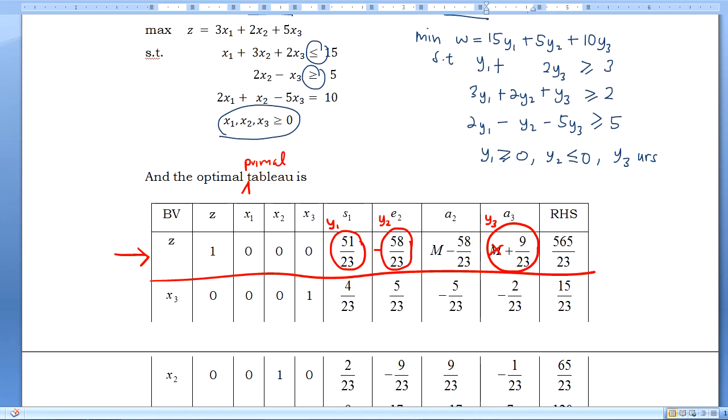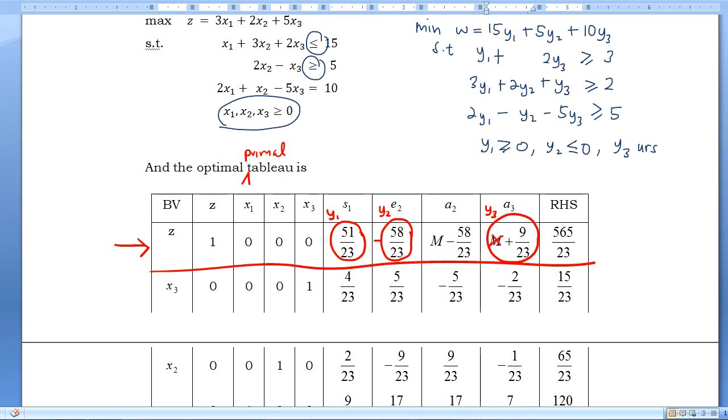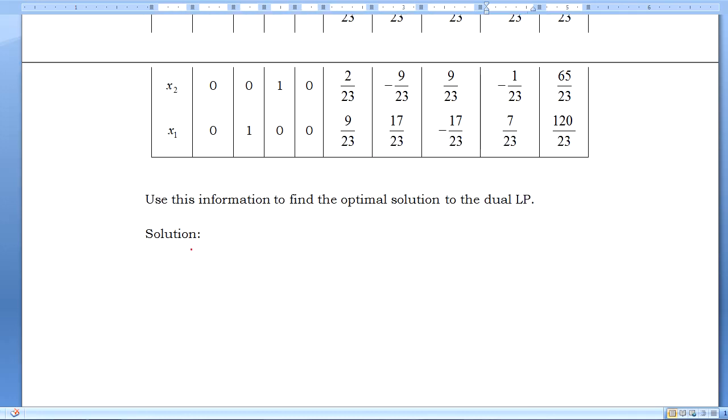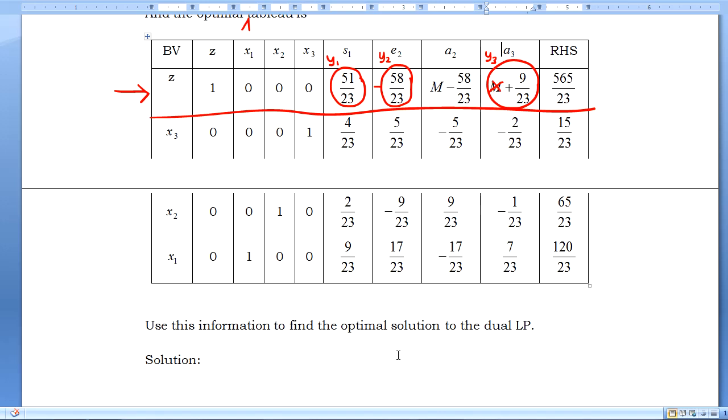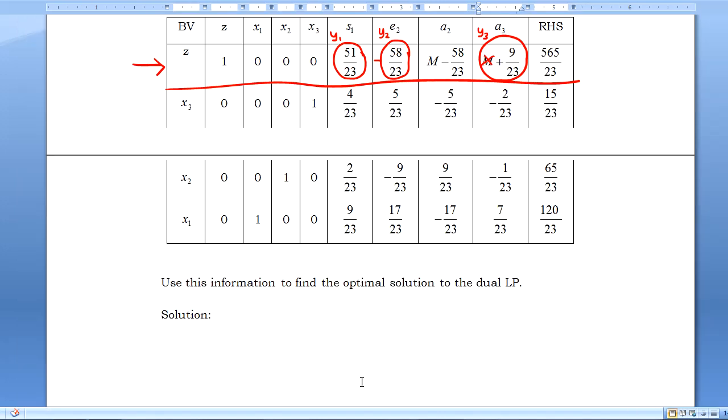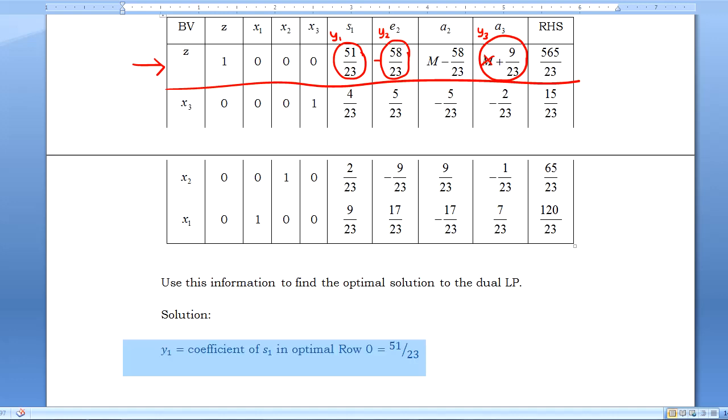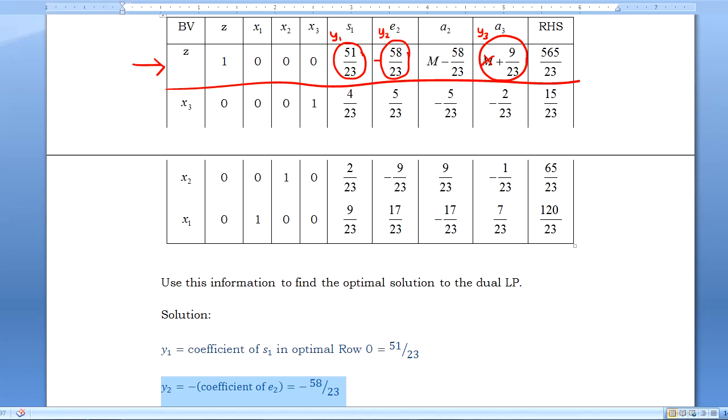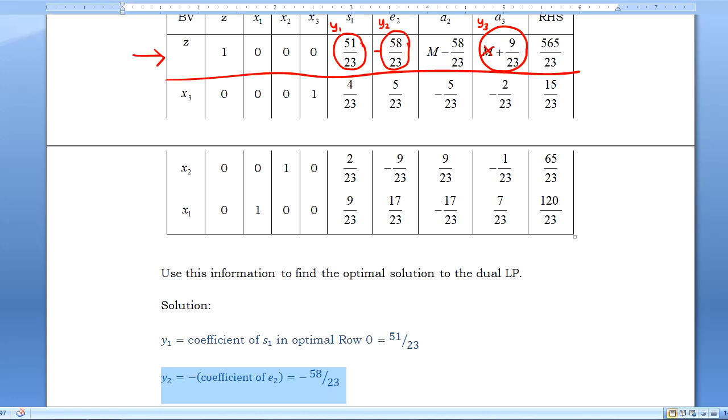Now let's write the value for y1, y2, and y3. So y1 is equal to the coefficient of S1 in optimal row 0, which is 51/23. y2 is equal to the coefficient of E2 in row 0 times negative, so y2 is negative 58/23.